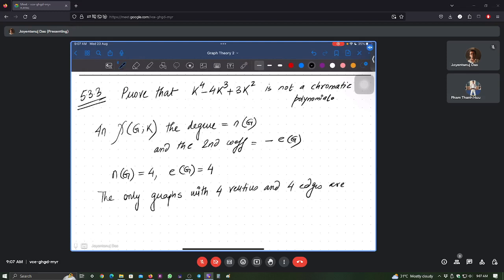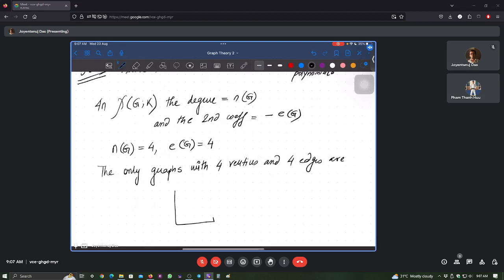These are the only graphs. So either you have a cycle with 4 vertices, or you have this graph, this triangle with a single edge. So only these two graphs are possible, right? Any other graph possible? Can you think of any with 4 vertices and 4 edges?